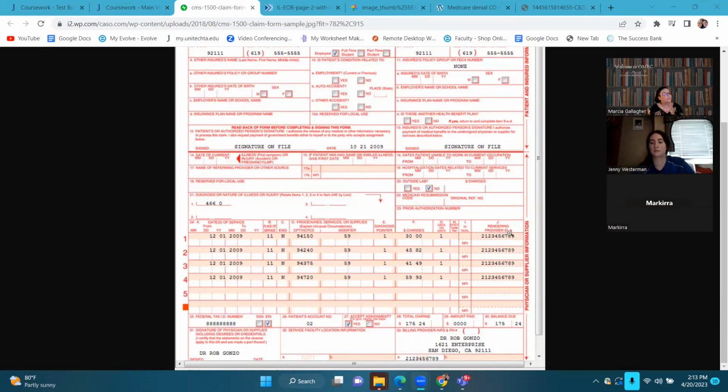Okay, rendering provider ID number. I want to talk about this. This number is preloaded. When I had 12 doctors, I had 12 different numbers. This tells the insurance company which doctor is going to get paid.